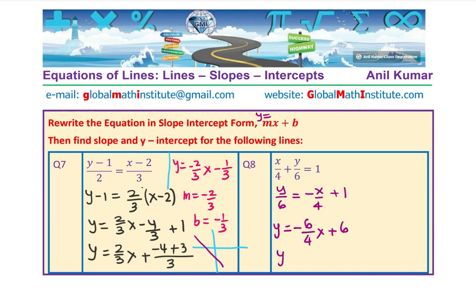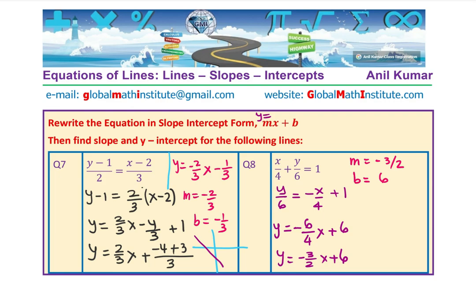You can reduce -6/4, rather you should, dividing both by 2. So you get -3/2 x + 6, correct? So that gives you the slope or the gradient m as -3/2, and the y-intercept, which we normally write with b, as 6.